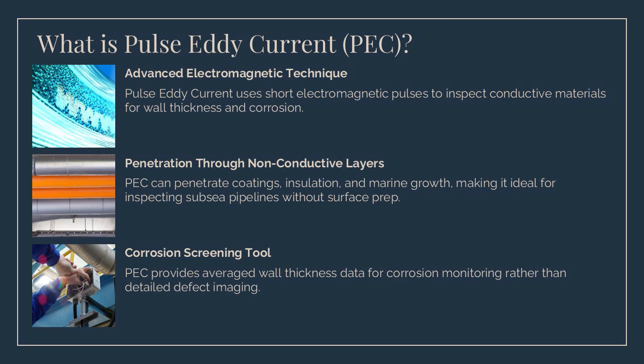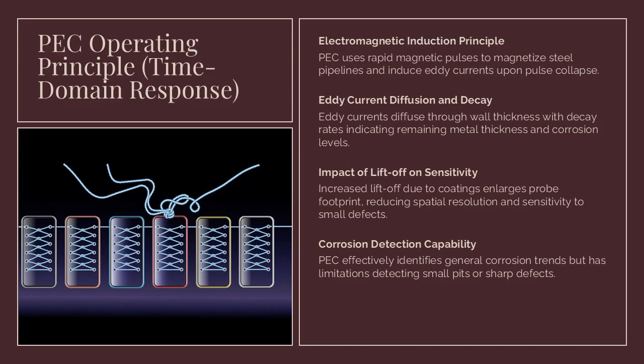Instead, it provides an averaged wall thickness measurement over the probe footprint. PEC is therefore best understood as a corrosion screening and condition monitoring tool rather than a precision defect sizing technique. The operating principle of PEC is based on electromagnetic induction and diffusion theory.